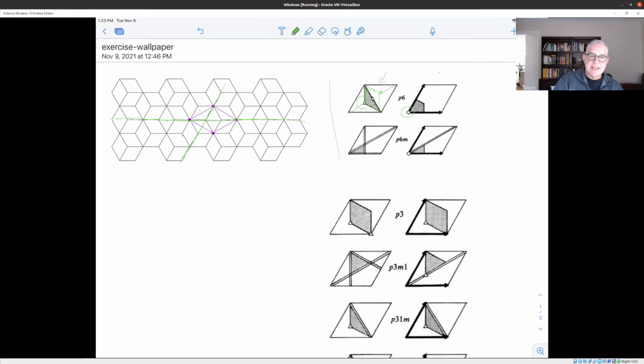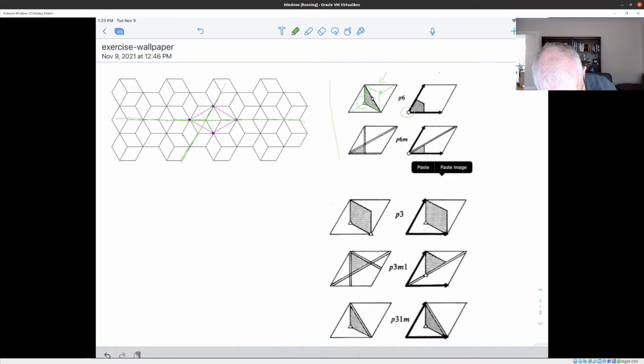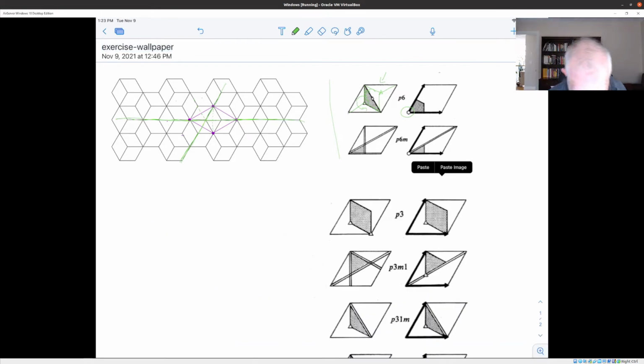Now, an interesting fact about this is that if you go back to our picture, it's true that there's what looks like a reflection symmetry across this vertical line, but you could also view that as a 180 degree rotation around this midpoint. But as we said, our picture has these other reflections in it.